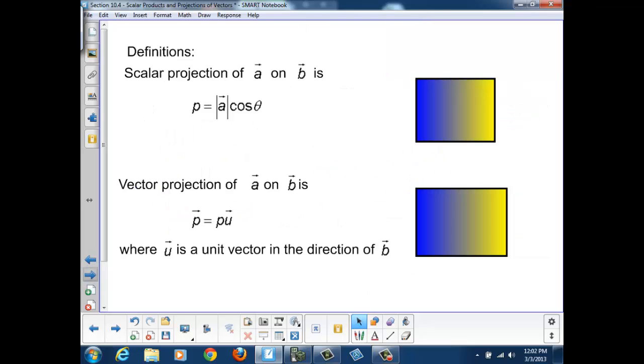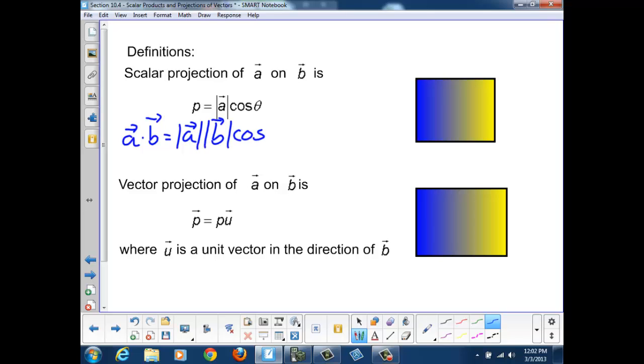Let's take a look at these formulas, because we're not always given just the length of A and the cosine of the angle between them. You'll notice that our scalar projection here is awfully similar to the dot product formula of A and B that we just covered. A dot B is the length of A times the length of B times the cosine of theta.